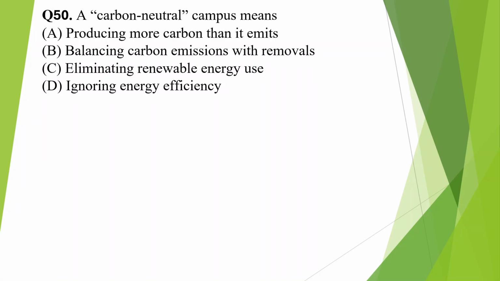None of you are having an incorrect concept or incorrect opinion, so it's easier for me to evaluate and mark all of you as full marks. Fine. So carbon neutral simply means balancing carbon emission with removals, and this neutrality can be achieved through efficiency, renewable energy integration, or offsets.